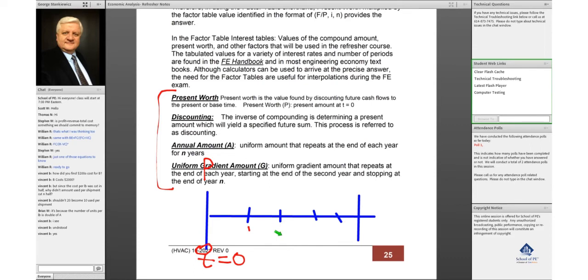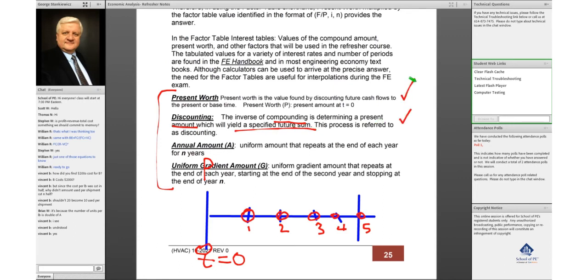If you're accumulating interest, you're getting the interest at the end of each of these years. Remembering what we introduced in the very first few pages, that's our present worth. Discounting is the inverse of compounding, and it's determined as a present amount which, with a specific yield, gives its future sum. We're going to go through these as examples.